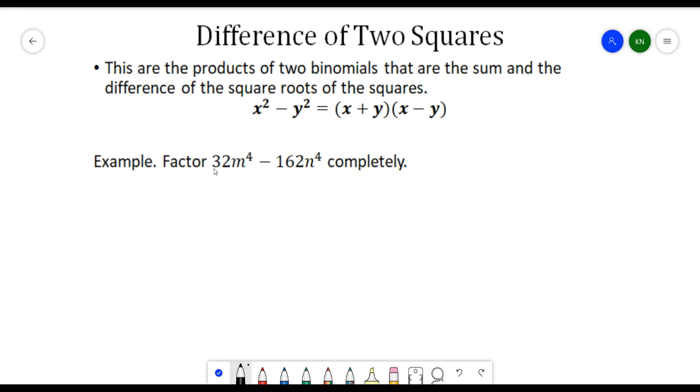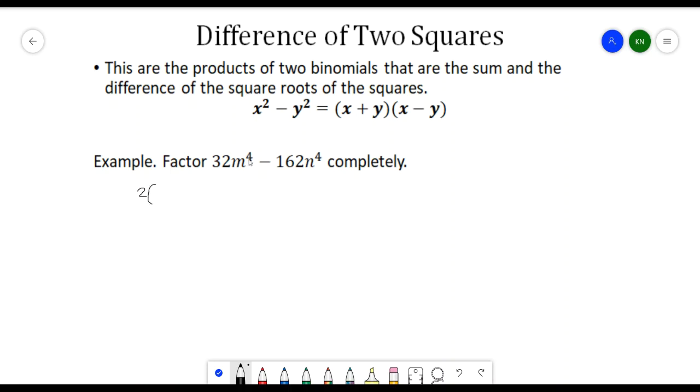From our expression, we have 32 and 162, and we can apply the greatest common factor. The only common factor between 32 and 162 is 2, so we can write 2 here.